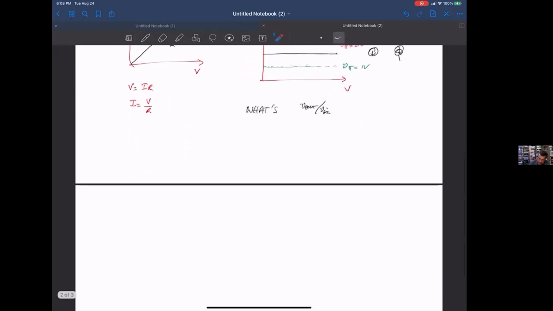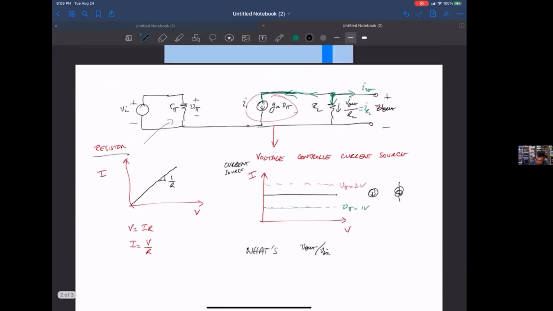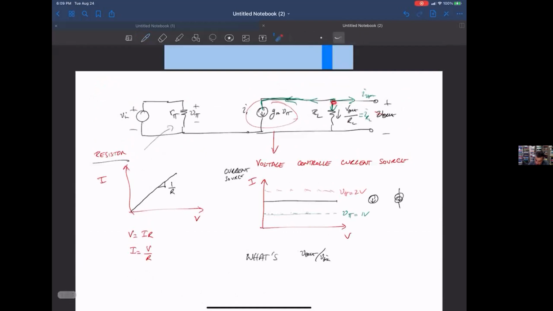So let me just write that down. This is KCL, Kirchhoff's current law, at the V out node. It's basically saying I1 plus I sub RL is equal to I at V out, which is 0. Okay, so that's Kirchhoff's current law at this node.